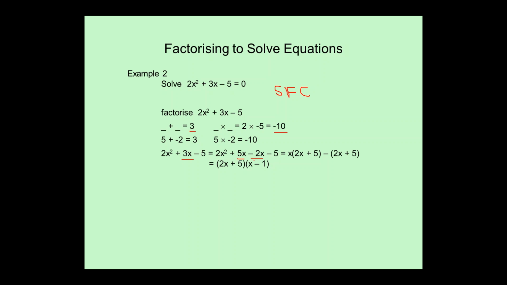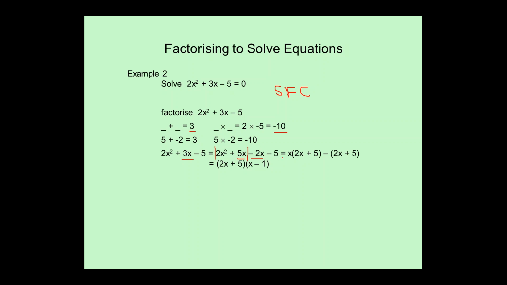We then collect together. This is a bit weird, but that's split, factorise, collect, isn't it? Should maybe be split, collect, factorise. It doesn't matter actually, it is factorising next. We've split it into these two bits, and then we're going to factorise out. We consider this chunk here as one, and this bit here as the other chunk. So we factorise this bit. The common factor is x, so we take the x out and we're left with 2x plus 5.